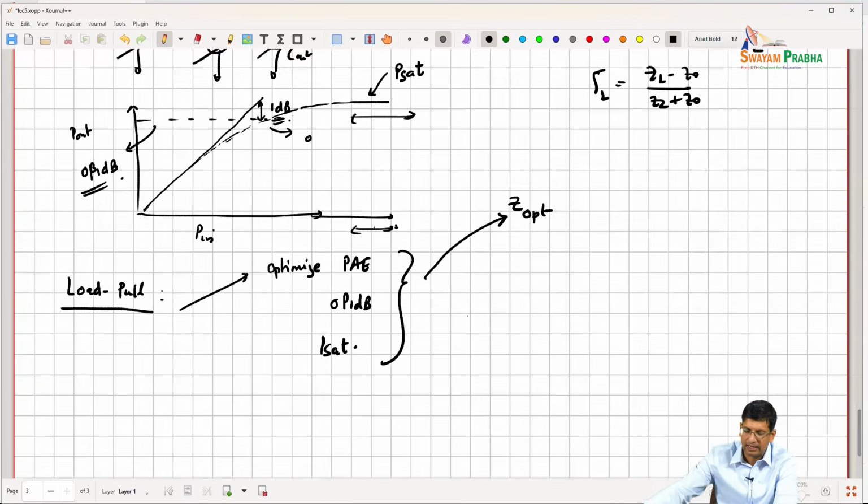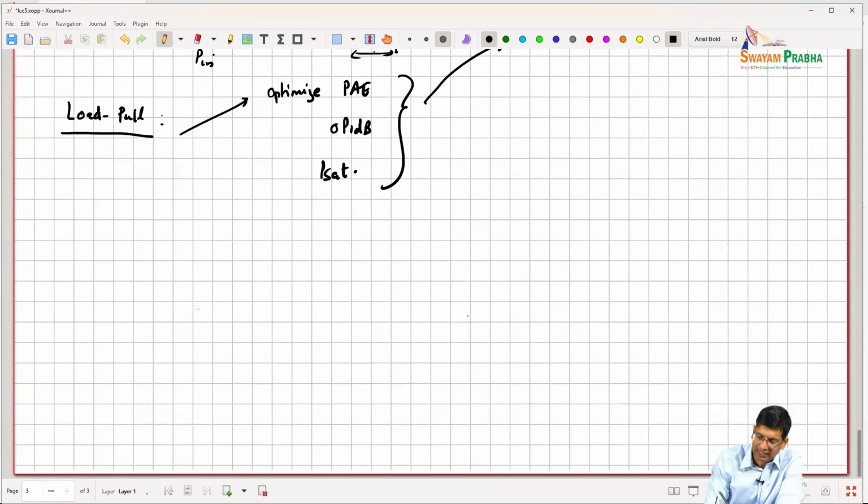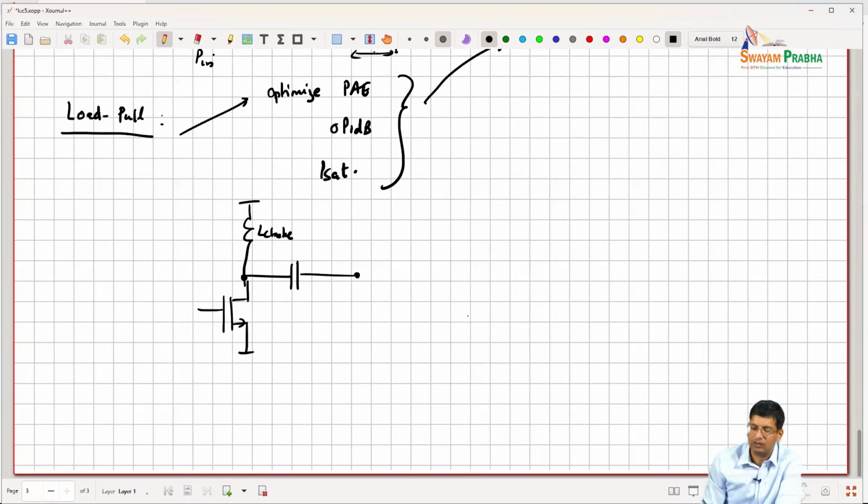So usually then what I have to design is that I have my transistor, and again so far we still have the choke, right? And then I have this capacitance over here.